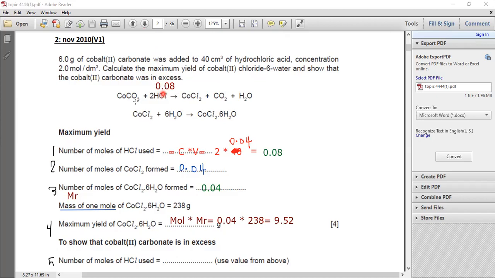I need to know number of moles of COCO3. Which triangle to use to find number of moles of COCO3? Who can tell me which triangle? First triangle. Why did you say the first triangle? Because only grams are shown. Yes, because what is the information of cobalt carbonate you have? Check, read the question. Check the question.